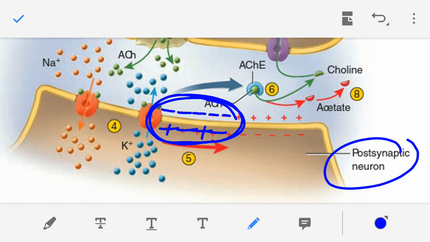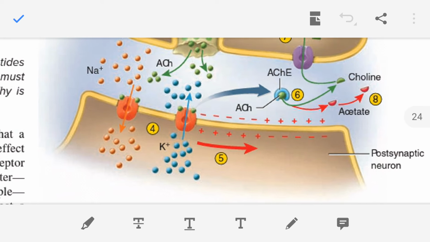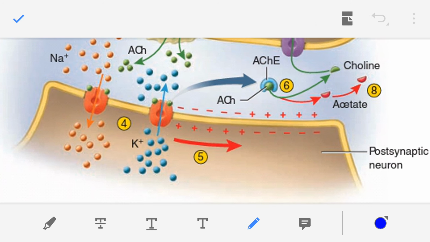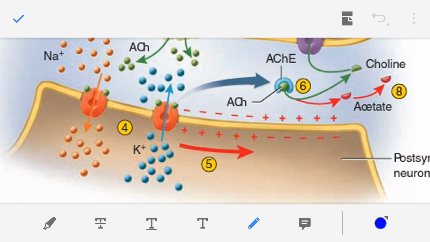So the plasma membrane is depolarized, and now for repolarization, the K+ ions are moving out through the channel. So these K+ ions are also traveling through the ligand gated channel, and here we should not misunderstand that these are two separate channels.